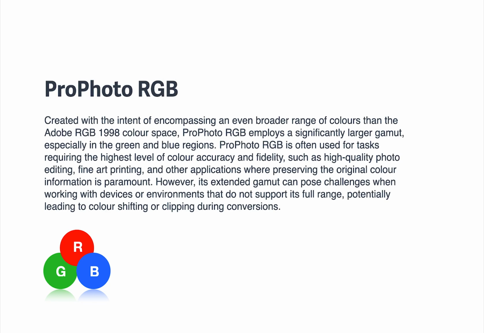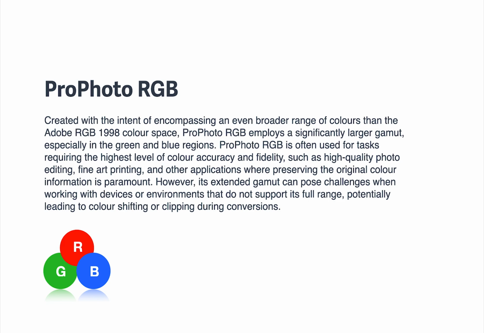ProPhoto RGB is a very wide gamut color space that was designed to encompass an extremely broad range of colors, much larger than what is possible to display on most devices or even perceive by the human eye. Because of its wide gamut, ProPhoto RGB is sometimes used in professional photography because it has the advantage of preserving the full gamut of digital cameras' RAW files, or because it can utilize the full gamut of a printer.